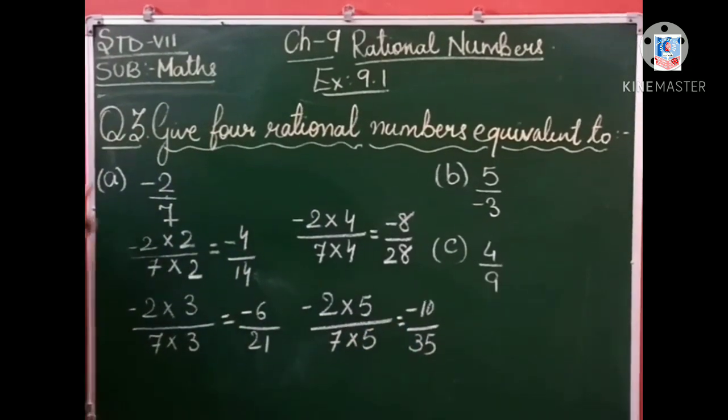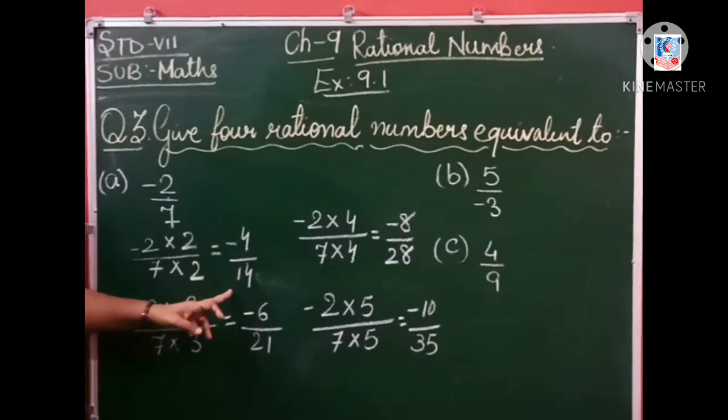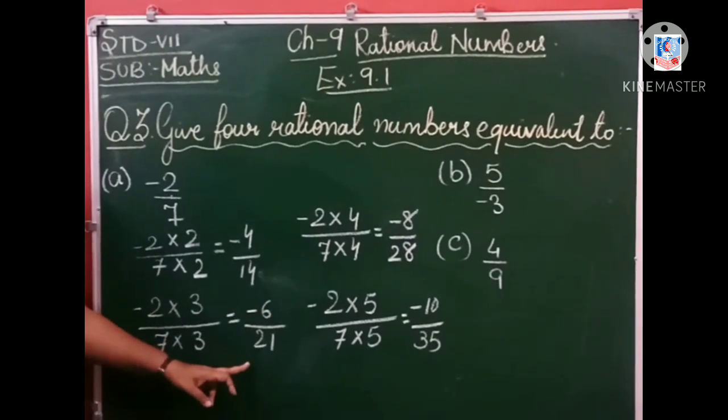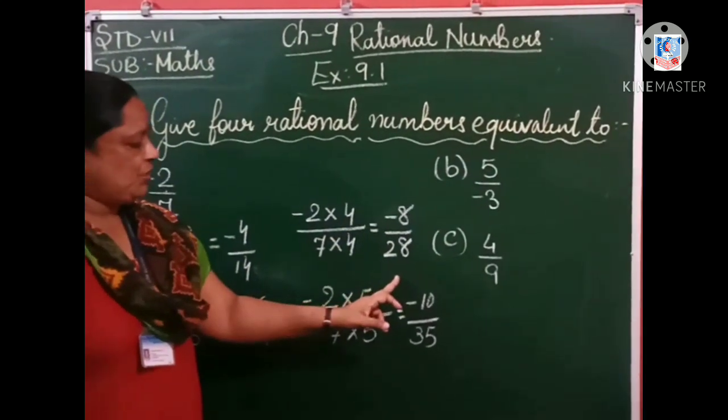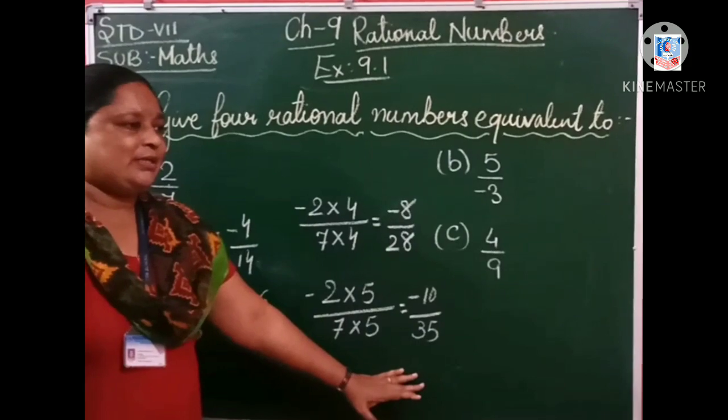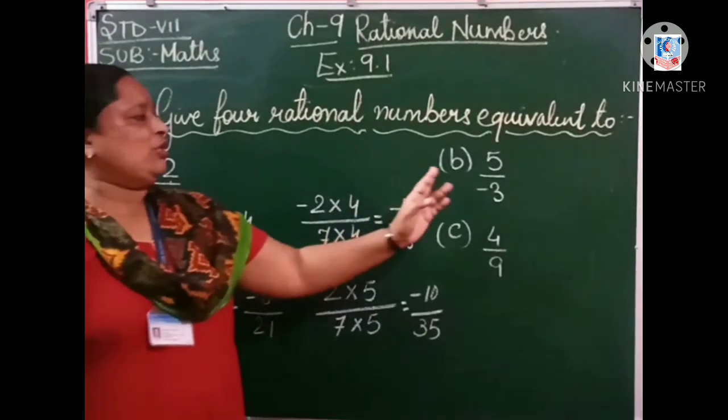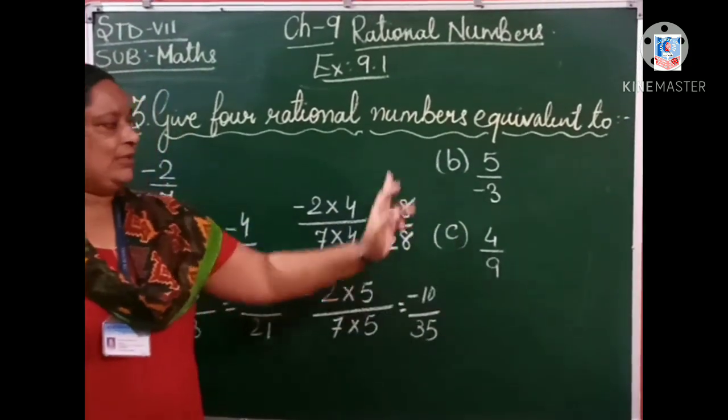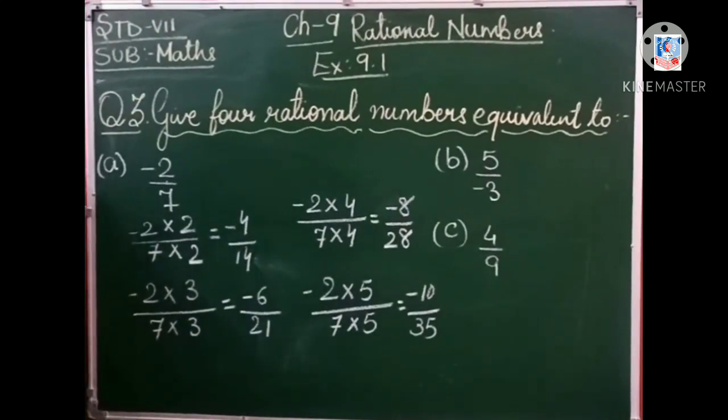Now see, 4 rational numbers we want. So minus 4 by 14, minus 6 by 21, minus 8 by 28 and minus 10 by 35. This way you will do sum number B and C, and this is your homework.